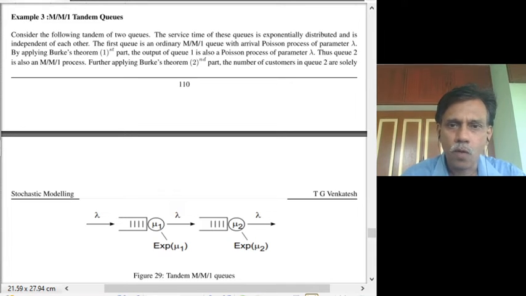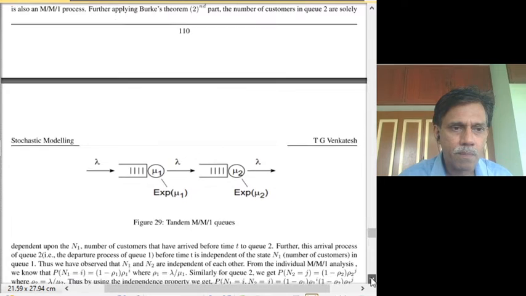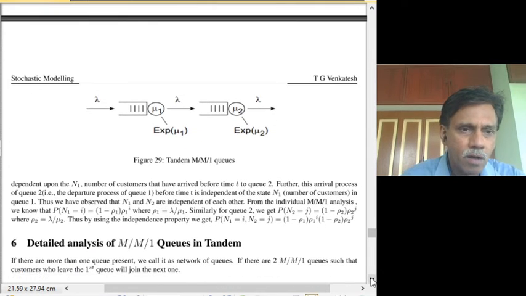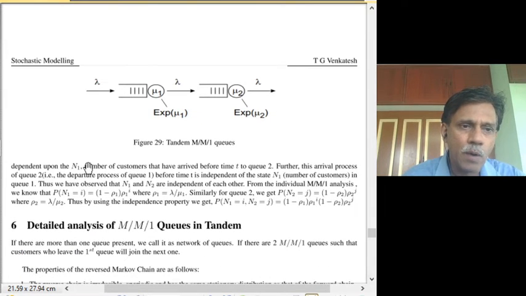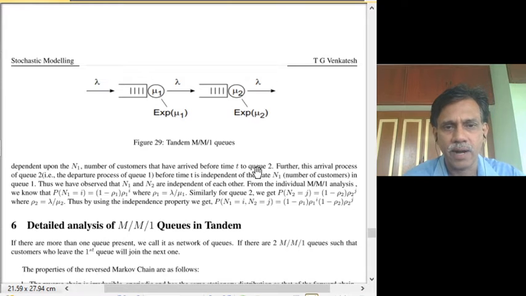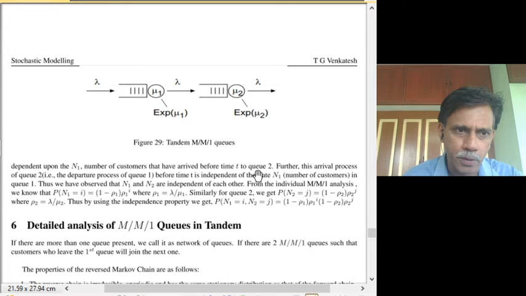So what this allows us is that, let N1 be the number of customers at a given time in Q1 and N2 in Q2.